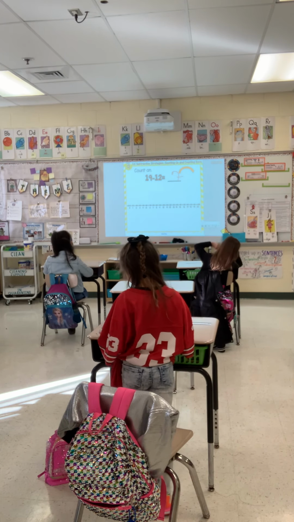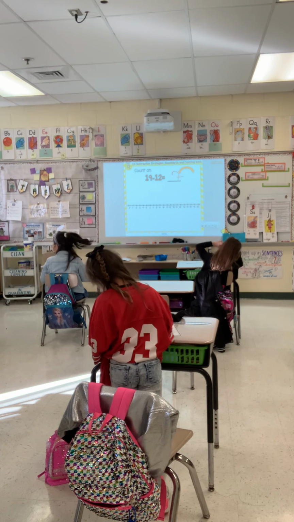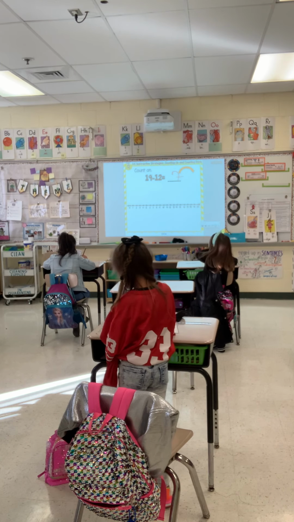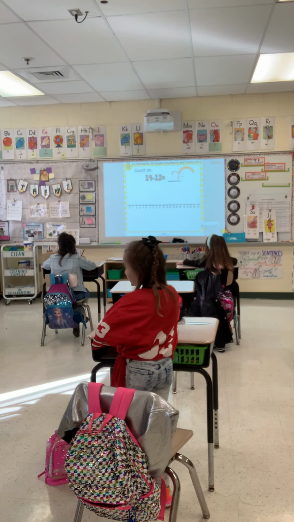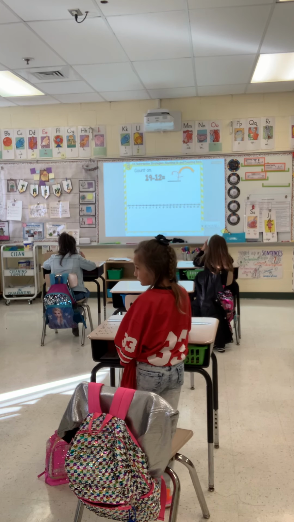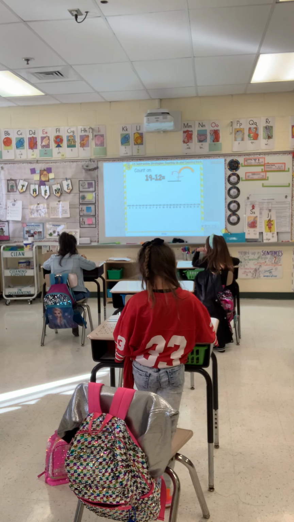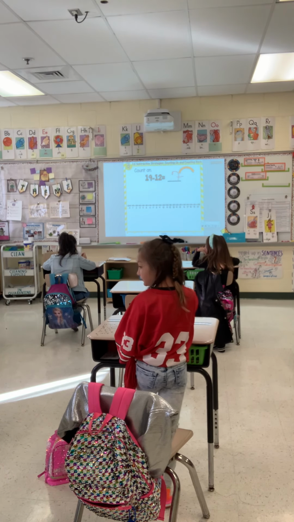So let's do 9 minus 3. Count back 3. 1, 2. There you go. We're just counting back. So we found 6, right? So we counted back 3. That's it. Because 3 plus 6 equals 9, right?